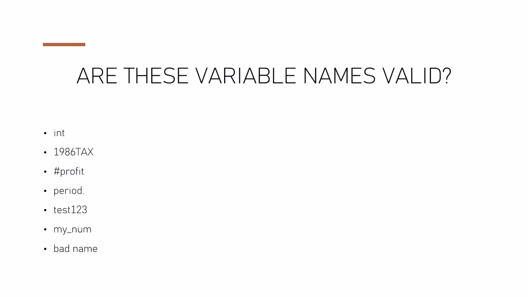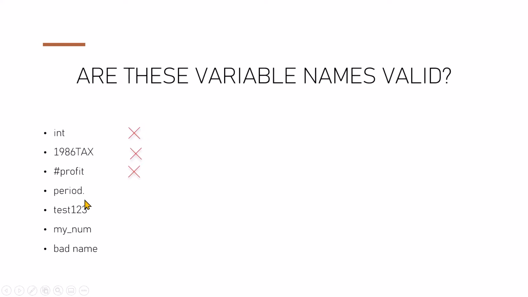Are these variable names valid? The first one, it's not valid because that's a keyword. What about the second one? Again, this is not valid because it starts with a number. The third one, hashtag is a special symbol, that's not allowed, so that's invalid. Period, full stop.